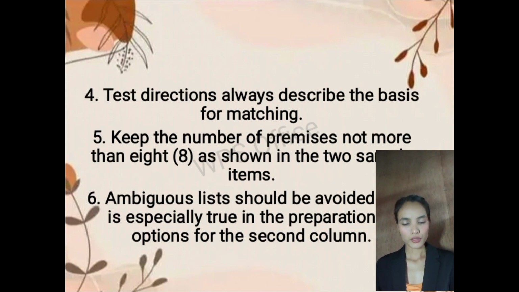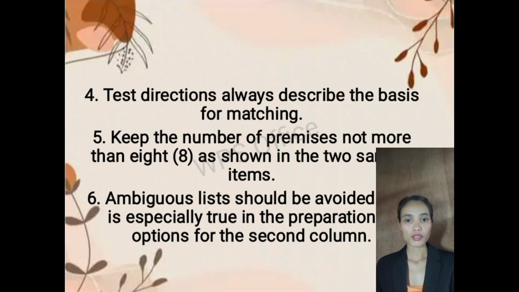The fourth one is the test direction should always describe the basis for matching. So match column A with column B is not enough in matching type. Describe clearly what is found in the two columns, how they are associated, and how matching will be done. Fifth is keep the number of premises not more than eight, as shown in the two simple items.